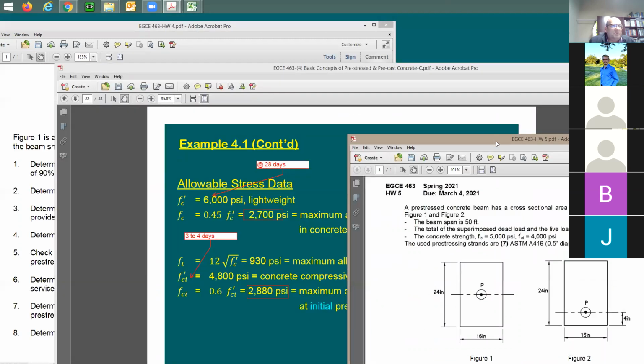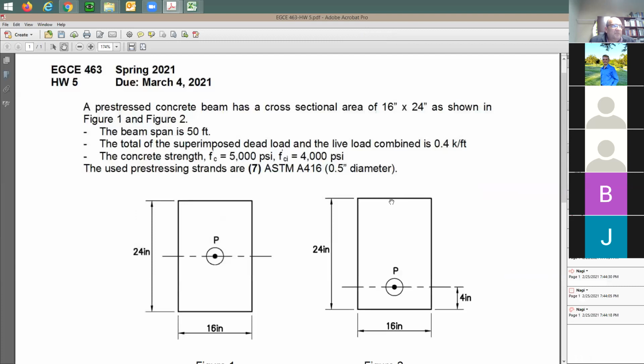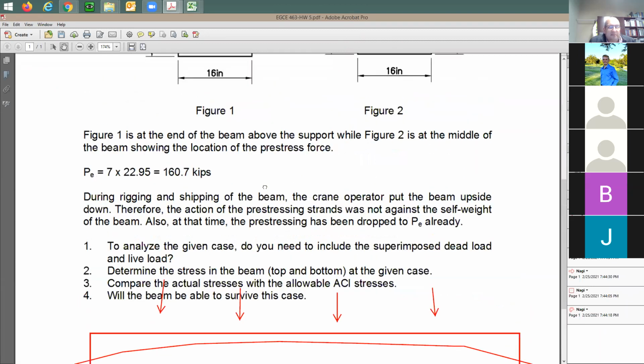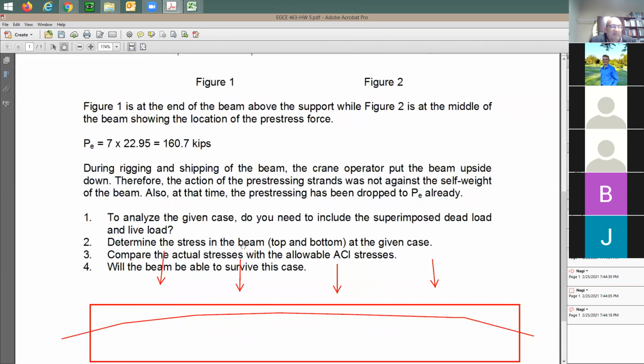The limit is going to be 0.6. So take 0.6 times 4,000. How much is that? 2,400, I guess, right? Yeah. So you need to be sure that the stress is not going beyond these two limits. And in this case, if you're okay, you're going to say this beam is good. Otherwise, you're going to say this beam is just bad. It's not going to work.